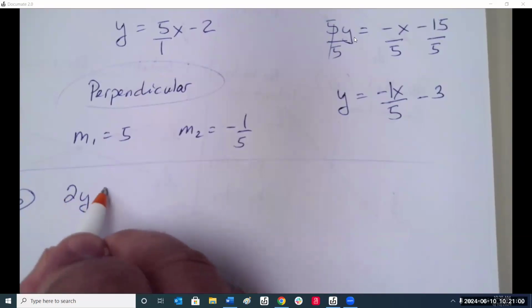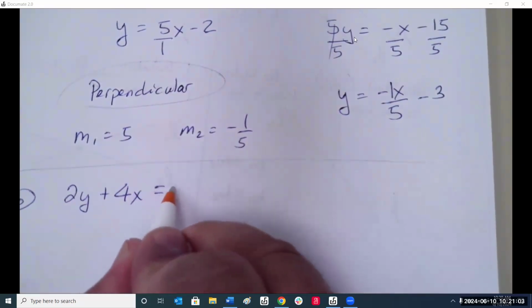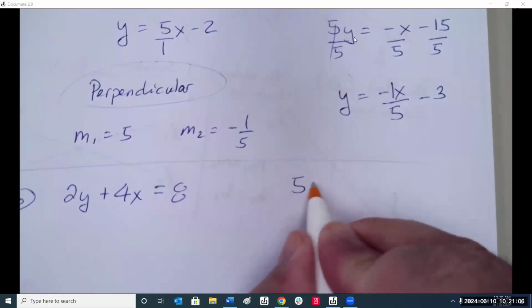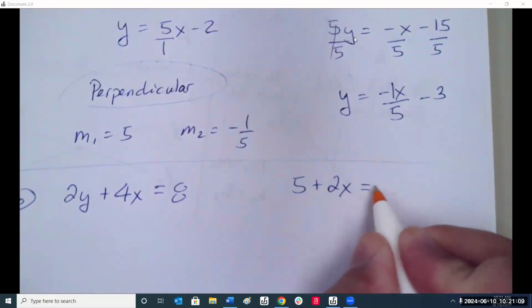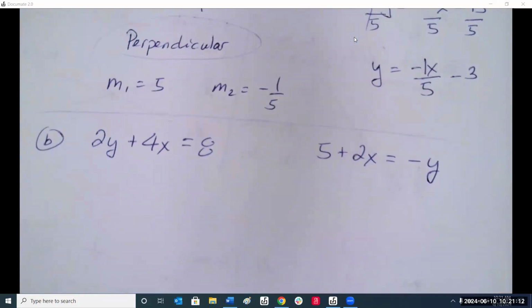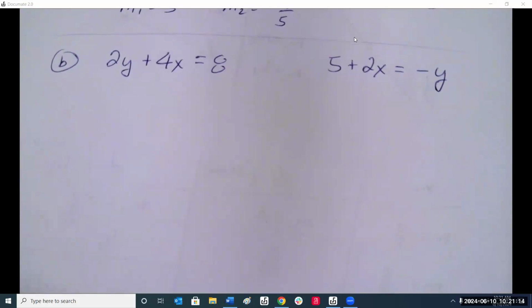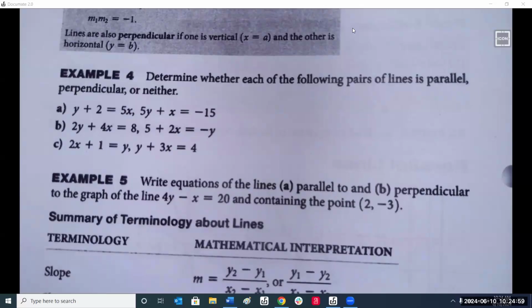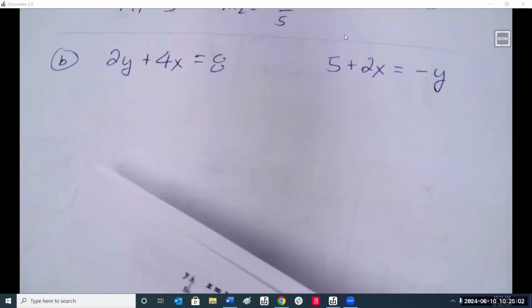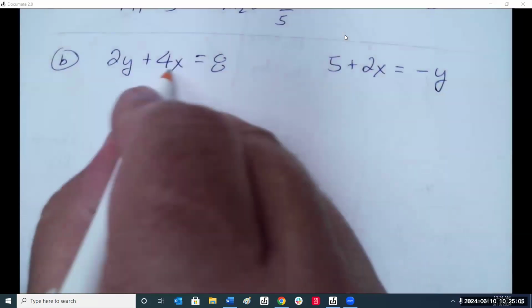B, 2y plus 4x equals 8. And 5 plus 2x equals negative y. Letter B. So solve for y.